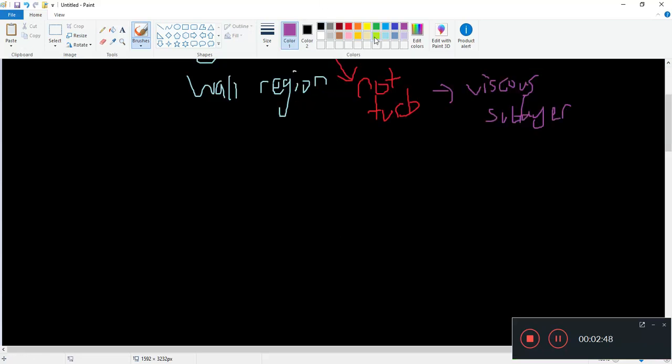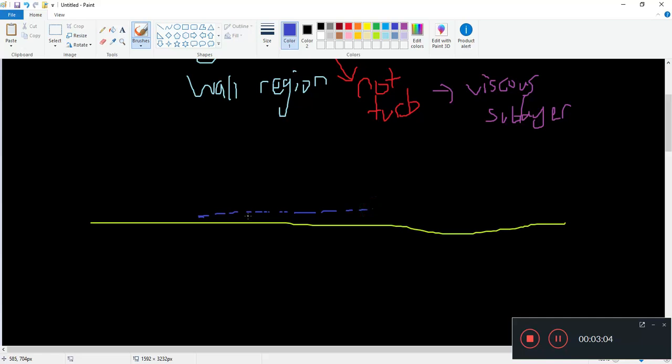Now how can we think about this viscous sublayer, and why would you say that there is no turbulence here? So you can imagine very near the wall, let's say the first layer we have is the no slip condition. This means U equals 0.